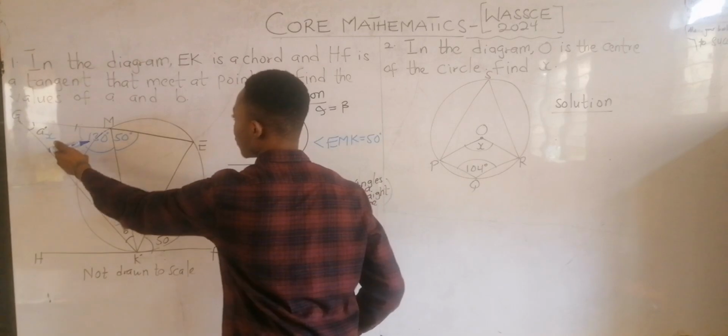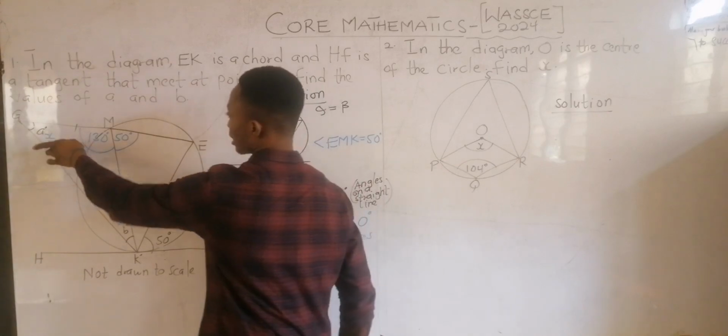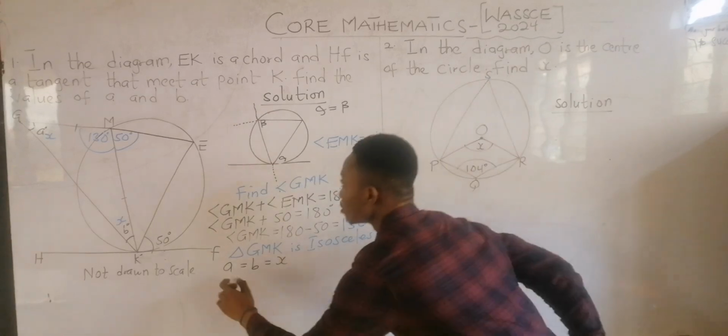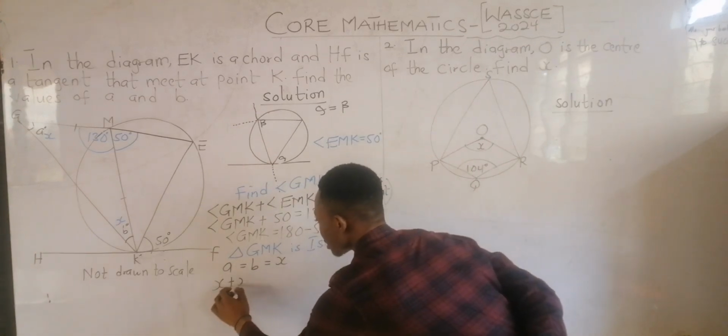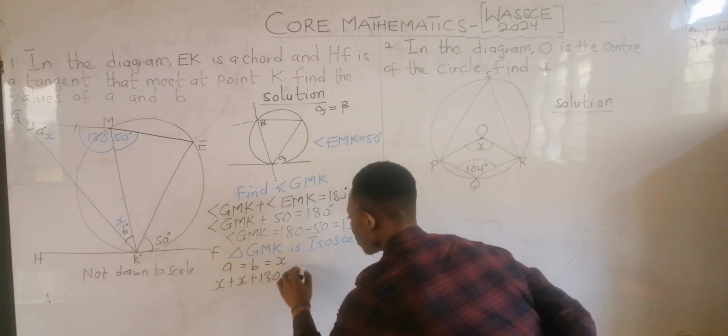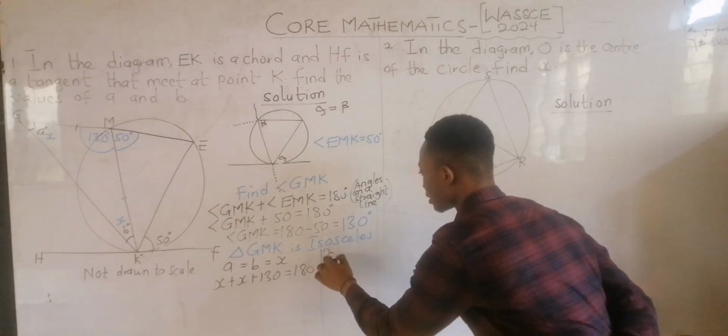We know that the sum of the angles in a triangle add up to 180. So x plus x plus 130 is equal to 180. Then we have 2x.